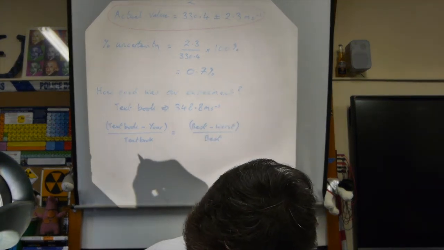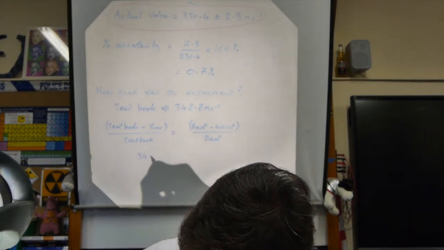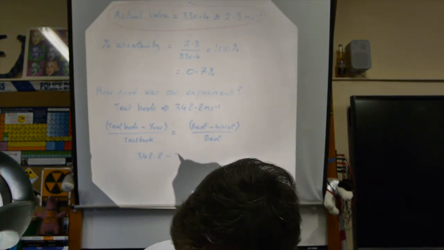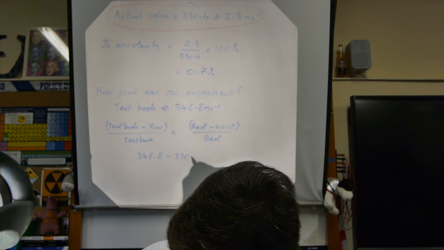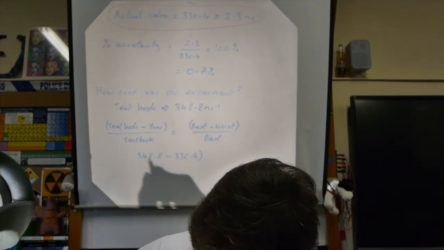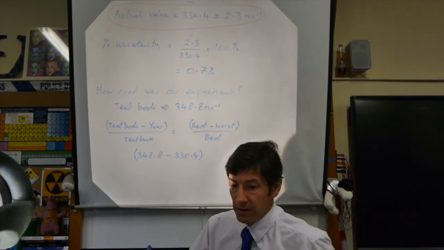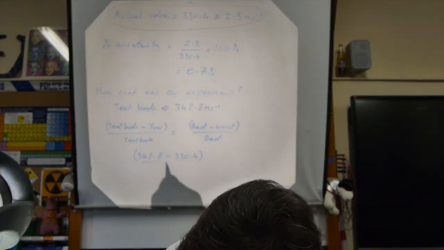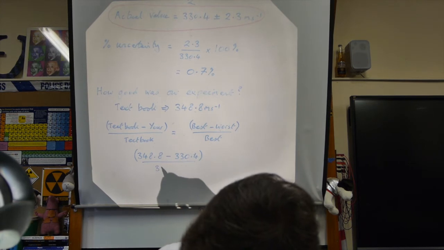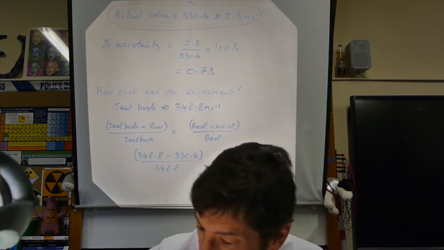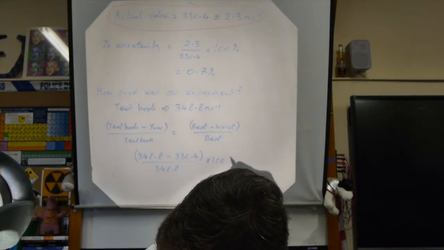So the textbook value is 348.8. Take away our value, 330.4. That's the variation from the textbook value, divided by what it should be, 348.8. Multiply all of that by 100%.